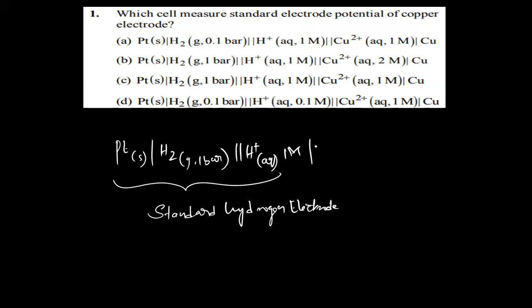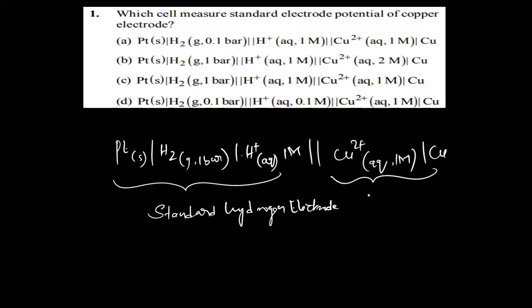Then the double bar, here we have to represent the salt bridge, then Cu2 plus, it is present in aqueous solution, of concentration 1 molar, then copper is the electrode.